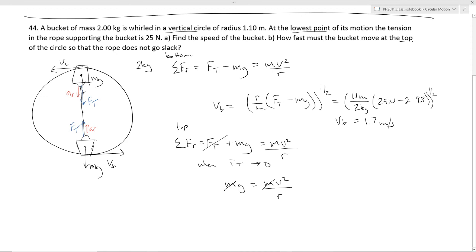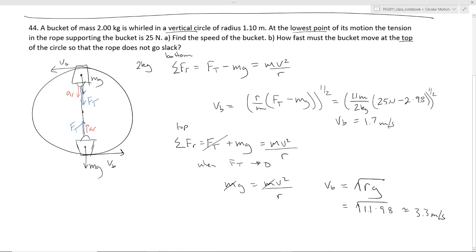We solve this for v. We find that this would be the square root of rg. And we can put in our numbers here. 1.1 times 9.8. Find that this is about 3.3 meters per second.